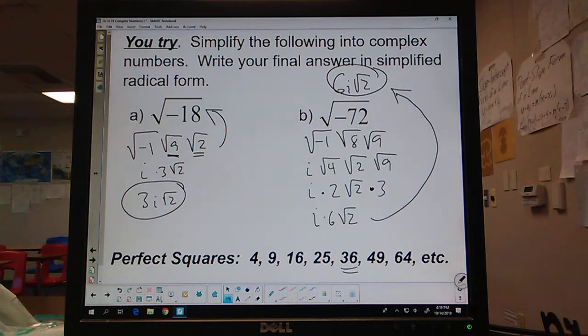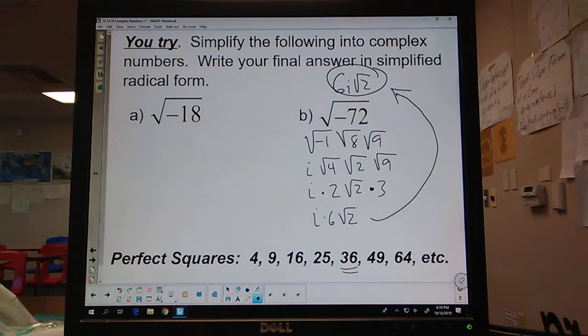Now, the last way to get these, if you don't know, is called the prime factorization. And we're going to work on that in a future lesson, but it always works as well. 72. Your prime numbers, this is the prime factorizations, 2, 3, 5, 7, 11, 13, 17, etc. You normally don't have to go past 7. But here's how the prime factorization method works.